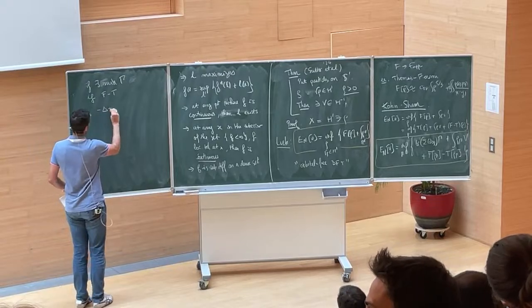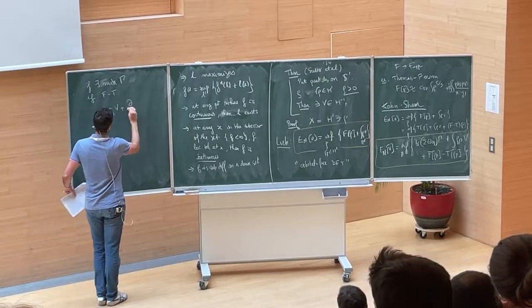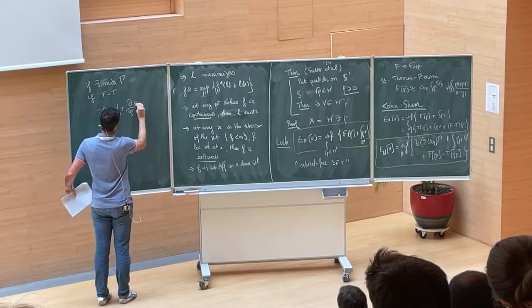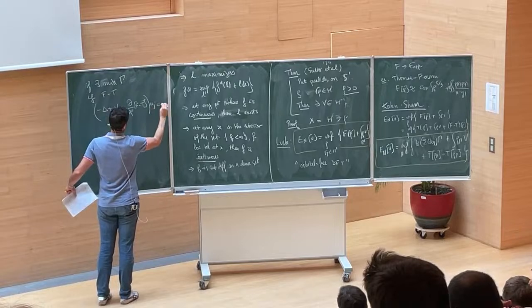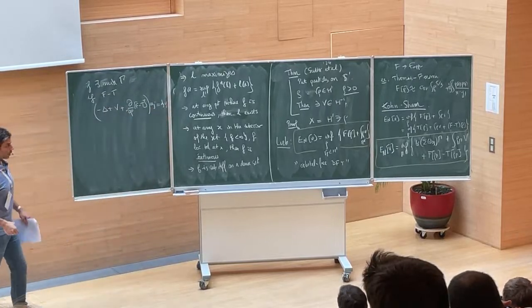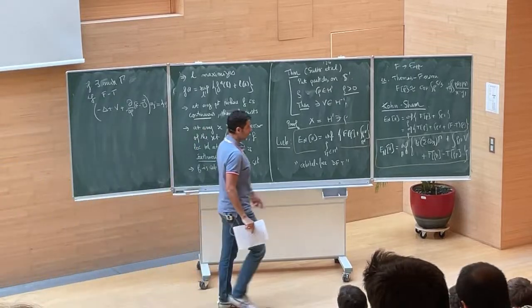We will have the sum of minus Laplace plus V plus d over d rho of F minus T, times u_j, equal omega_j u_j. Okay, because that's a function of rho here.